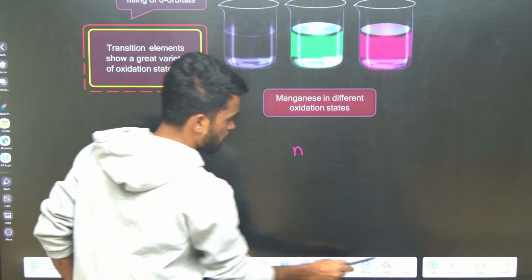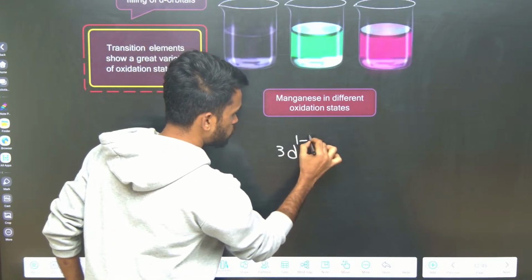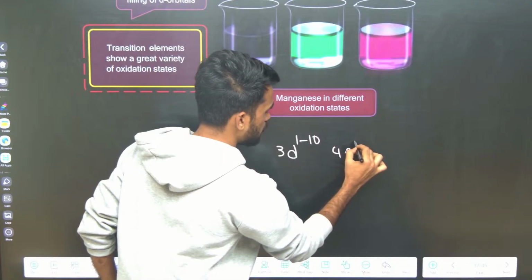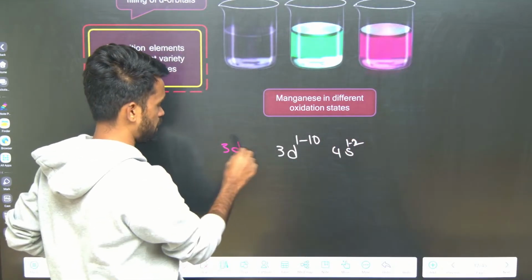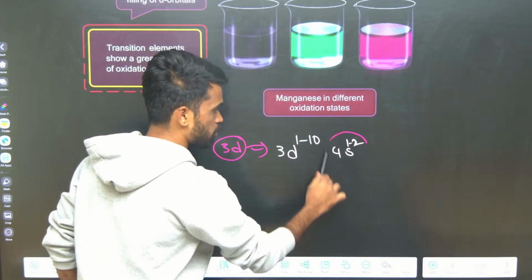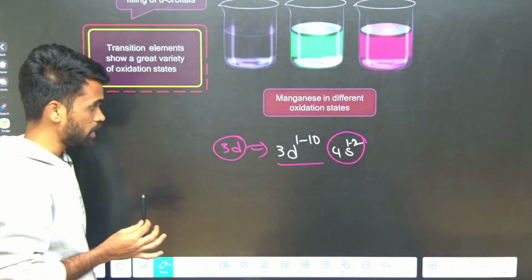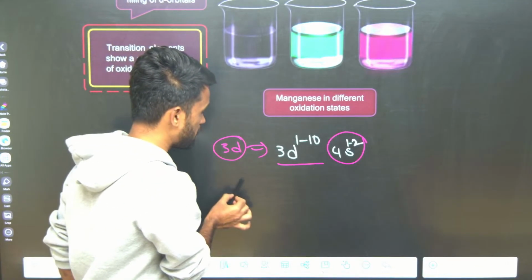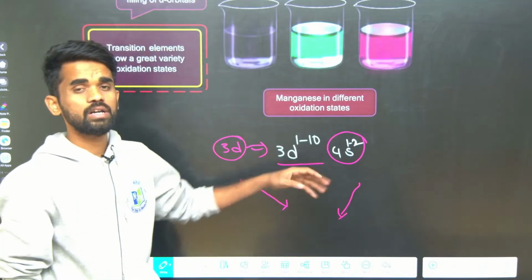For the 3d series, 3d1 to 10 you have seen, and 4s1 to 2 you have seen for all 3d series elements. Now it can lose the s orbital electrons as well as some electrons from the d orbital. Therefore you are going to get a different number of possible oxidation states for different elements.